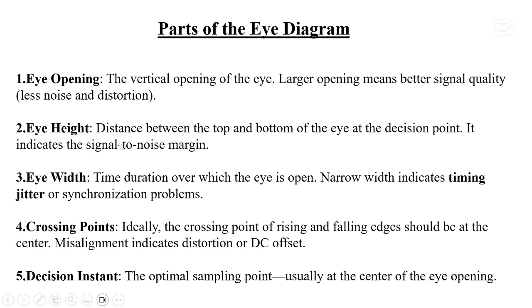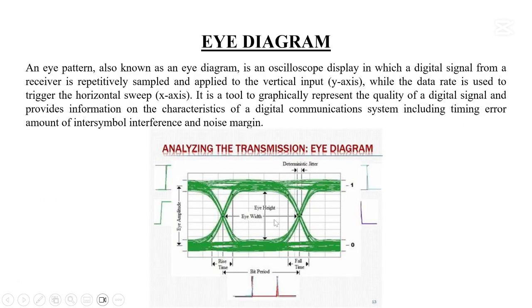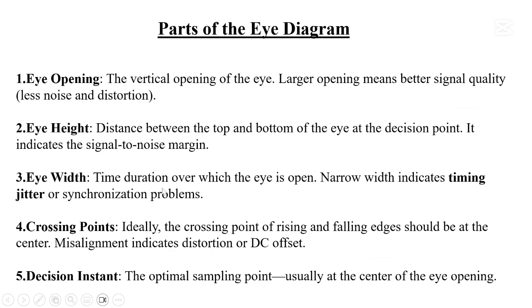The eye height is the distance between the top and bottom of the eye. The eye height indicates the signal-to-noise ratio or margin. A narrow eye width indicates timing, jitter, or synchronization problems.